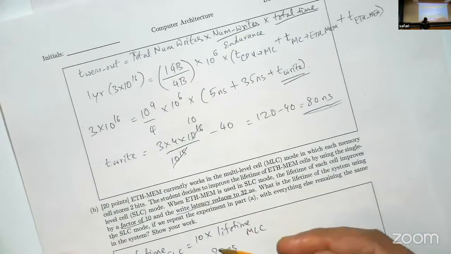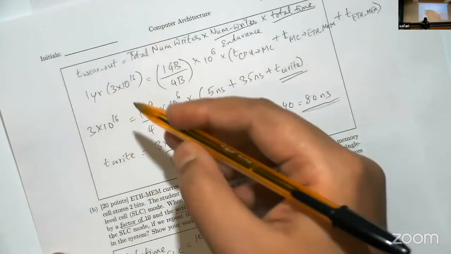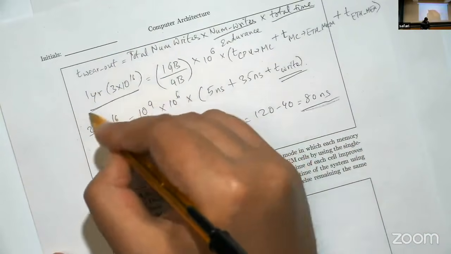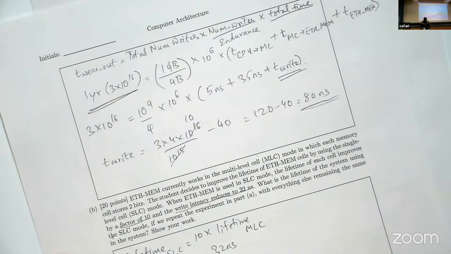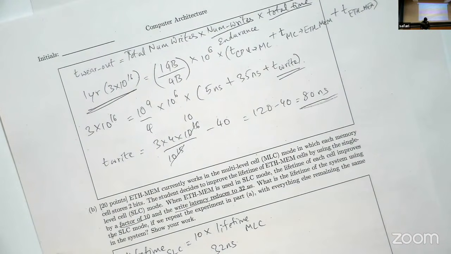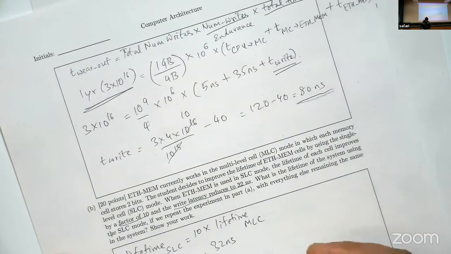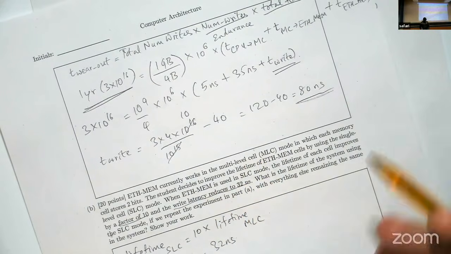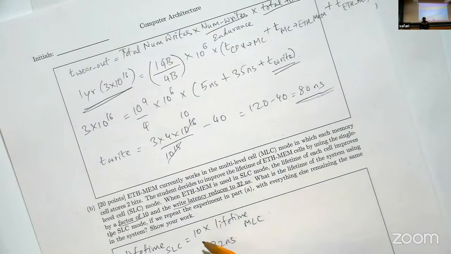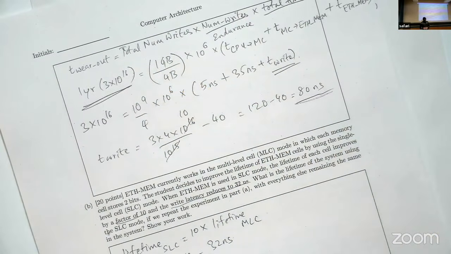Here what we don't have in this part of the question is the wear out time, so we find the T wear out. One thing you have to keep in mind is that the student has decided to use the SLC mode, which means that earlier it was in MLC mode, and now the density or capacity of the device reduces by half.